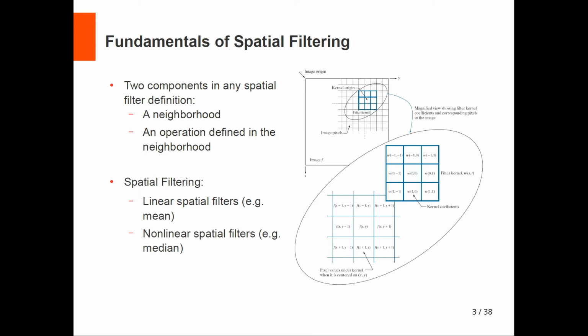But we can have nonlinear spatial filters in which the procedure is a bit different than linear ones. Here we talk about median filtering, which is a nonlinear spatial filter, in the following slide. So let's just for now focus on linear spatial filters.